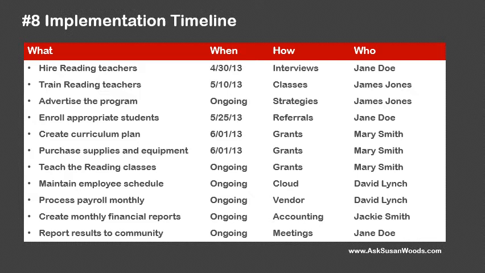So we need to list, in chronological, logical sequencing, the order in which the different activities should take place. Then we say when these activities are going to take place, how they are going to take place, and who or whom is going to complete the activities.